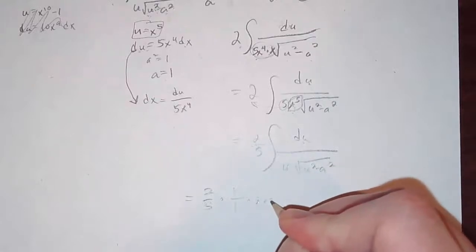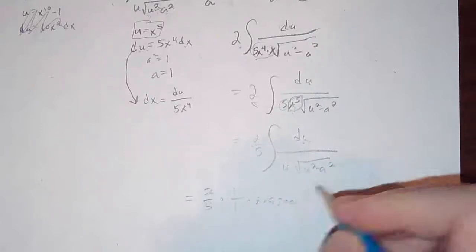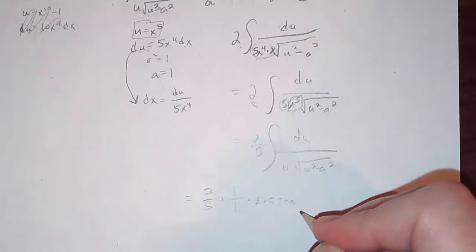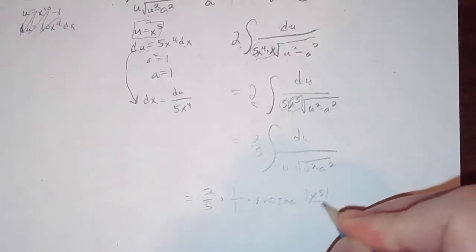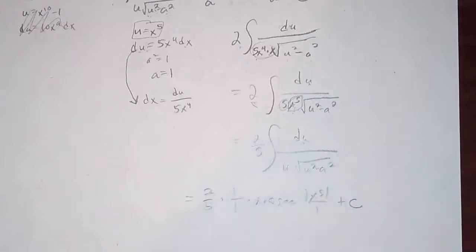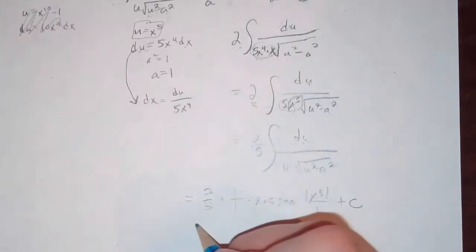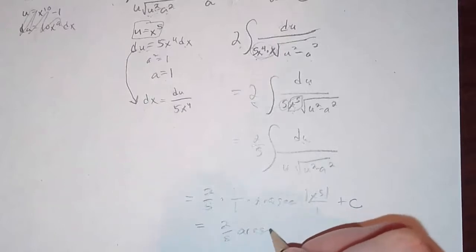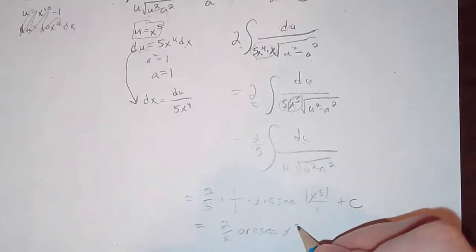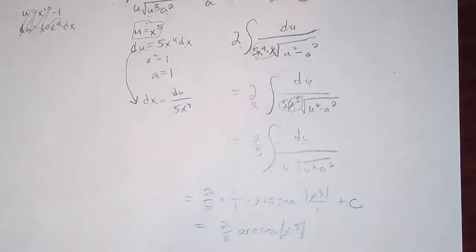Then arc secant of u over a, which is x to the fifth over 1, plus a constant. And to tidy this up a little bit, you simply get 2/5 arc secant x to the fifth. I guess I should put that in absolute values to keep the domain true to numbers that will work.